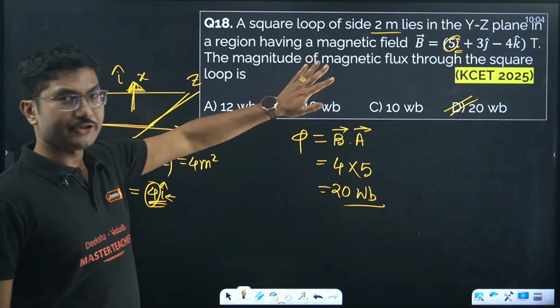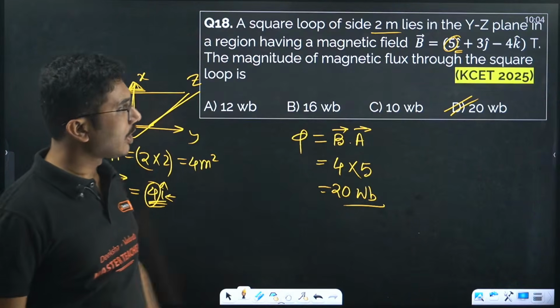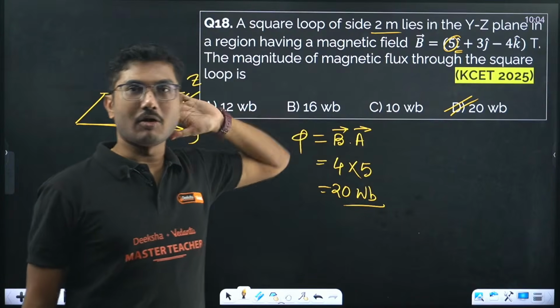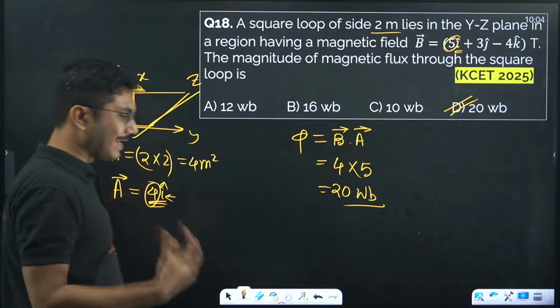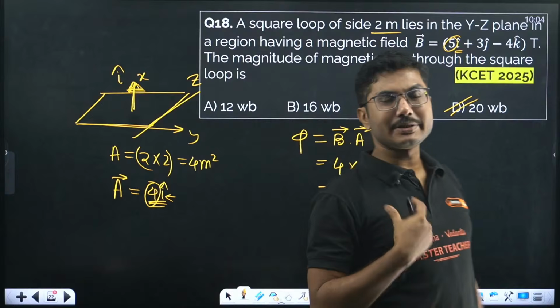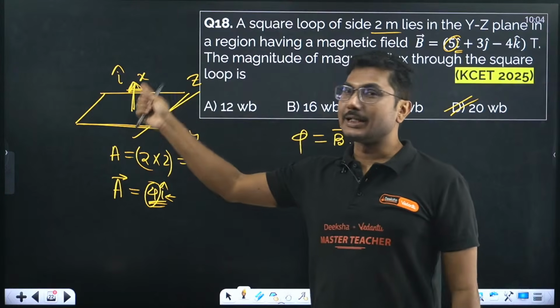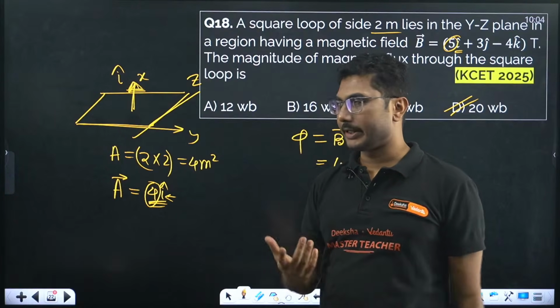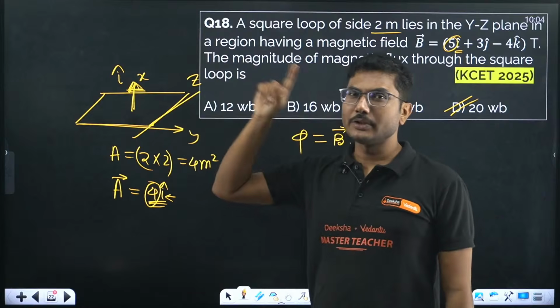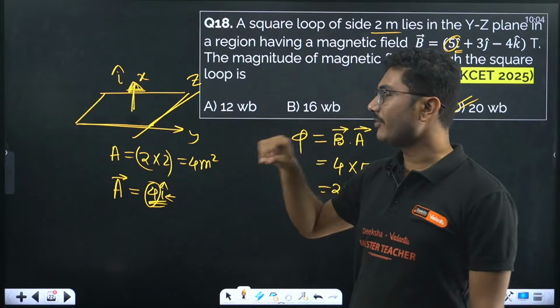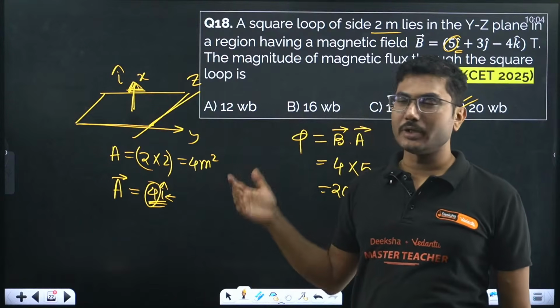So this is an easy question if you know how to solve it. If you don't know how to solve it, it might take a long time. The only thing to remember is that when the plane is given, the normal to the plane is the direction of the area vector. The area vector is always perpendicular to the plane.